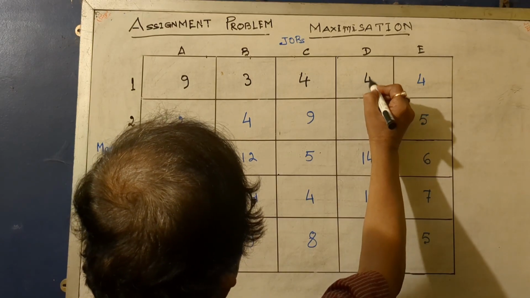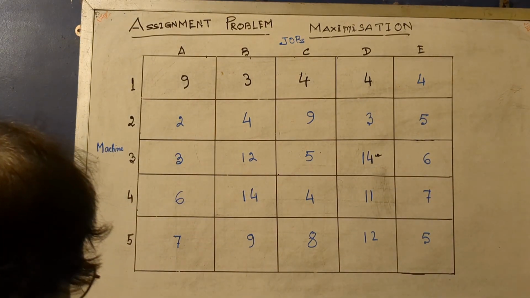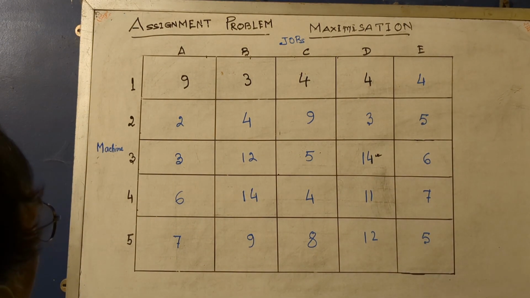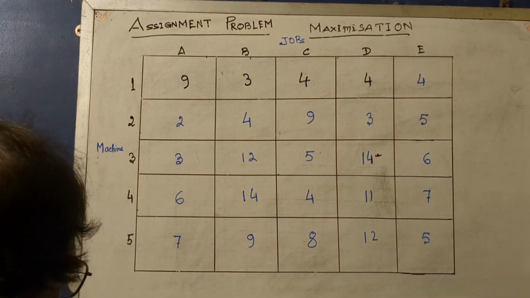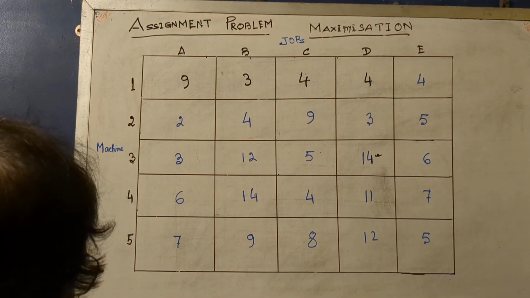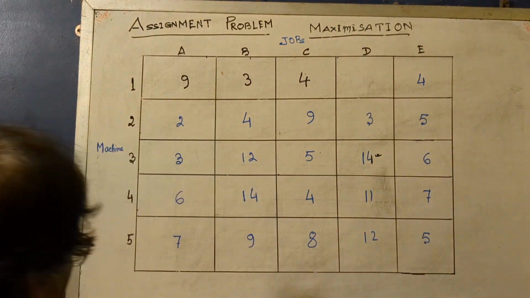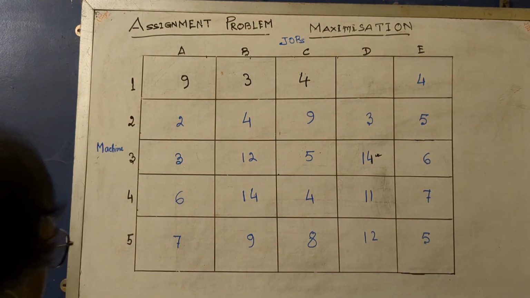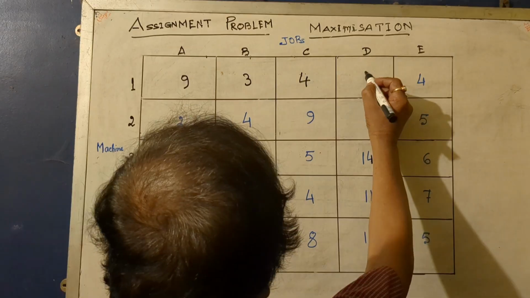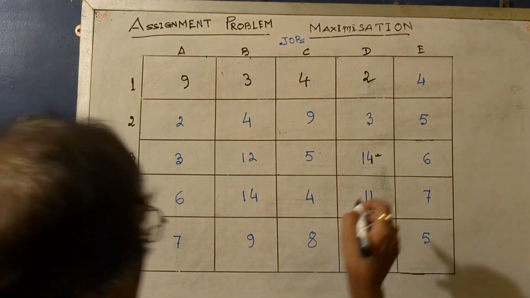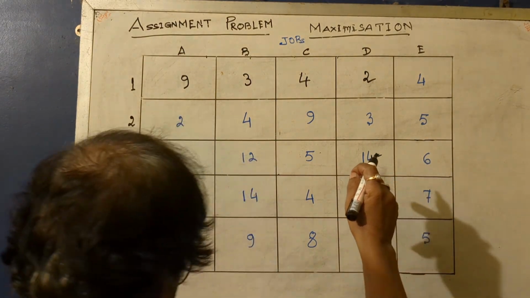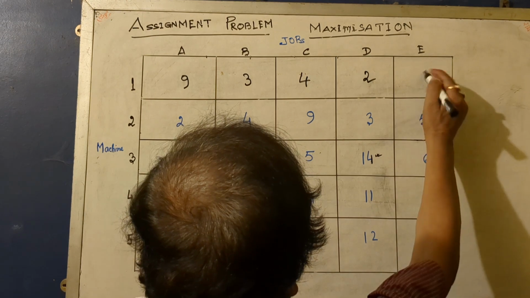Then this is 4. Now 9, 3, 4, 2, 10. Sorry, 4. This is the figure 12, I think. The figure, that's why 2 and then 14 means 10.